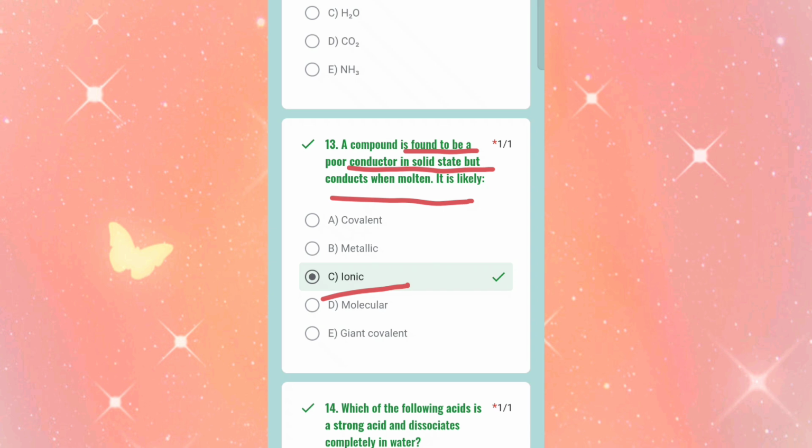In solid state, ionic compounds don't conduct electricity, but when they are in molten state, they conduct electricity. This is C. Metallic compounds have free electrons, so they conduct electricity. Molecular compounds are mostly covalent, and giant covalent compounds are also poor conductors.